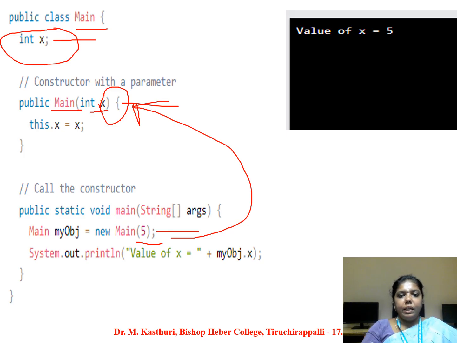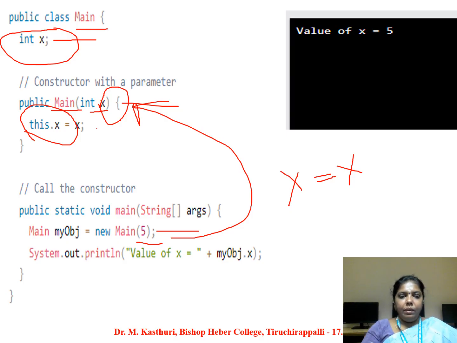And suppose if you specify x equal to x, at that time the compiler cannot understand which one is the local variable, which one is the instance variable. That is why here in Java this keyword is very much helpful to understand which one is the currently executed variable, which one is the local variable.